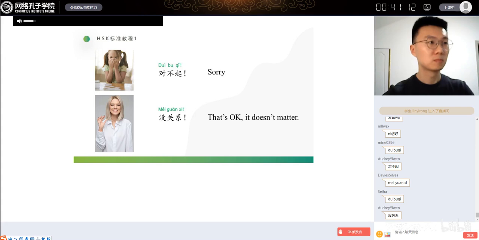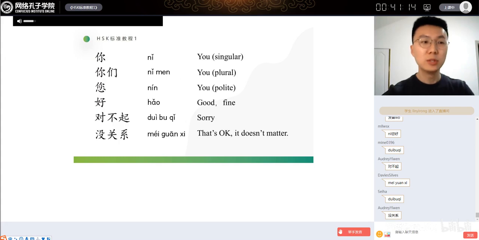Okay, you can try to read after the radio. These are some new words we learned today. Have you learned that?